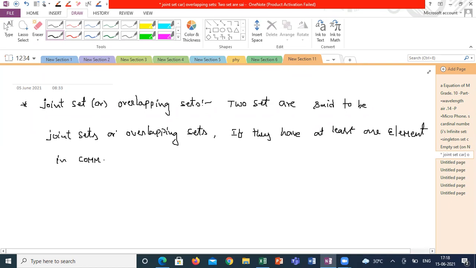The meaning of this is that at least one element of the two sets should be common.